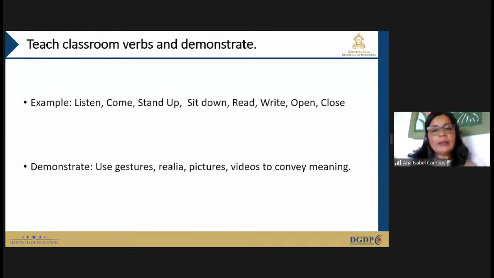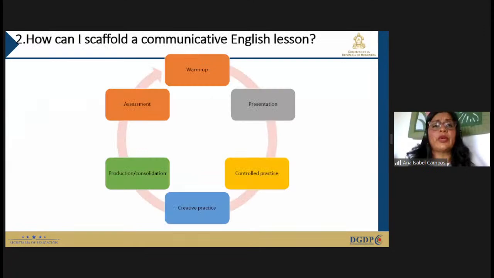We need to accompany our words with gestures. So making gestures is very important. That is part of what we call TPR, total physical response. The use of reality, as I said before, pictures, and videos to convey meaning is very, very important. And now we have tons of resources online that facilitate this process.